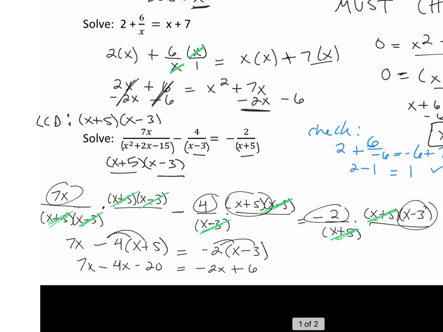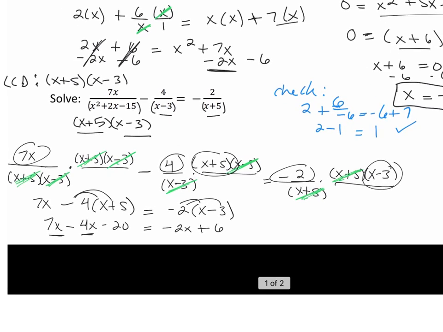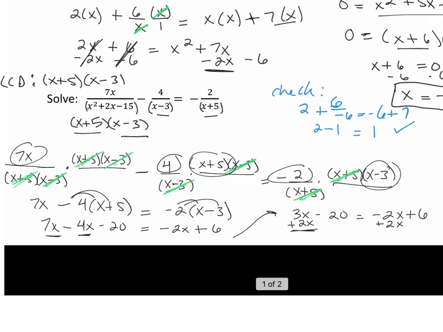And then if we've got some like terms, we definitely want to combine those. So 7x minus 4x is 3x altogether. And then I can tell that this is a linear equation because the highest exponent is 1. So I'm going to use the steps for solving the linear equation. I'm going to opposite the variable term here so that my variable terms will both be on the left side here.